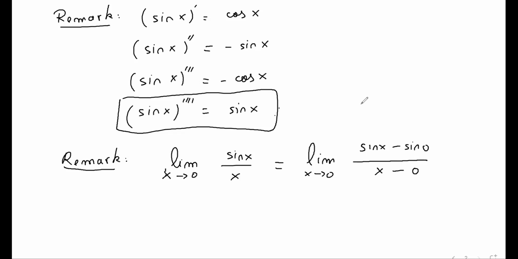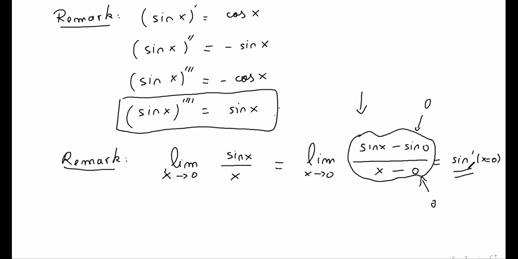But now if we look carefully here, this is 0 and this is 0, obviously. But if we look carefully here, this is, folks, the definition of a derivative of sine. So this is sine prime evaluated at x equals 0. But what is sine prime? So sine prime, folks, we decided that was cosine.